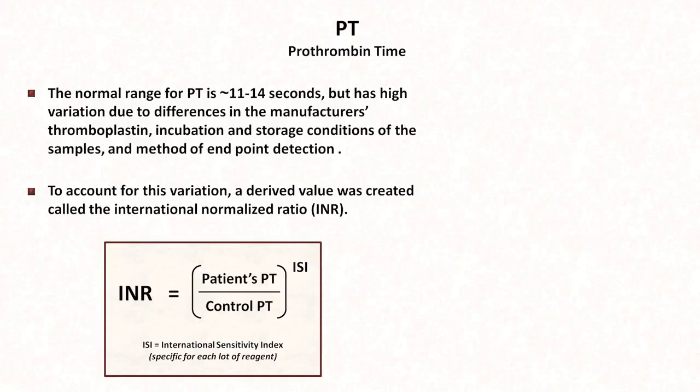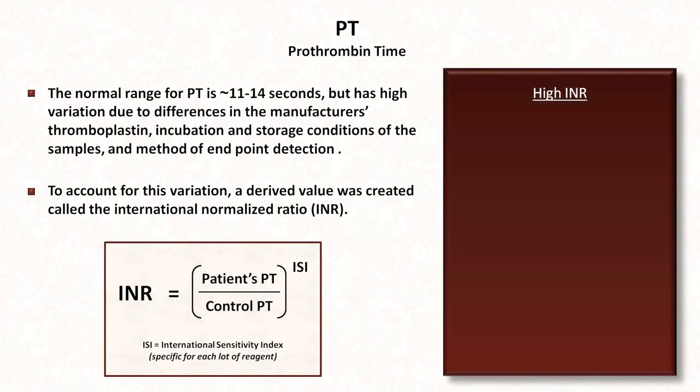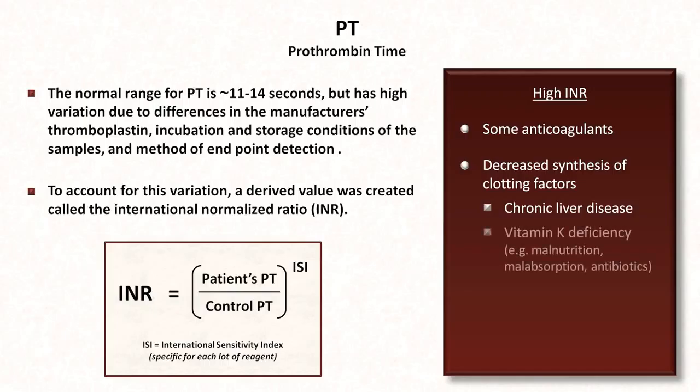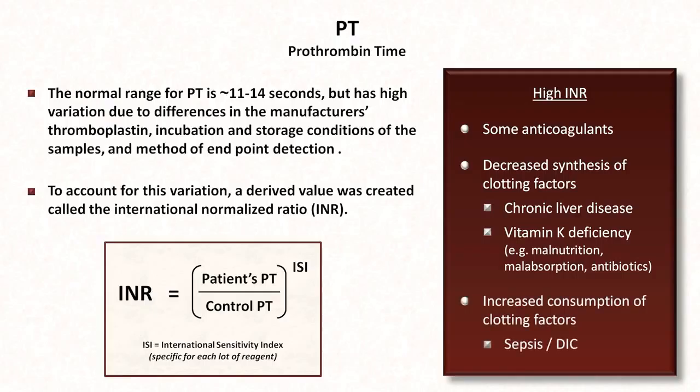However, there are many causes of an elevated INR. They can be subdivided into some anticoagulants, those associated with a decreased synthesis of clotting factors, which can be from chronic liver disease or vitamin K deficiency, and those associated with an increased consumption of clotting factors such as sepsis and DIC.